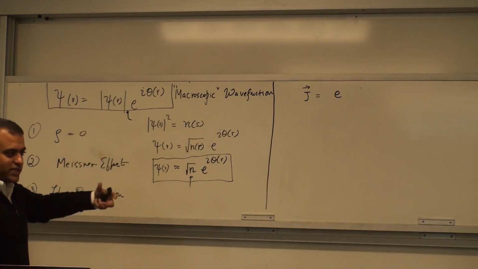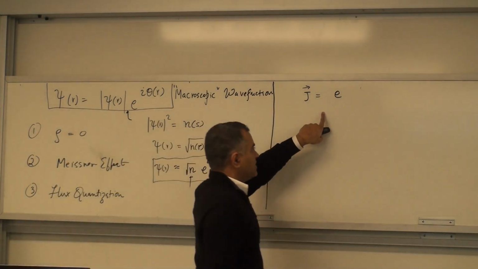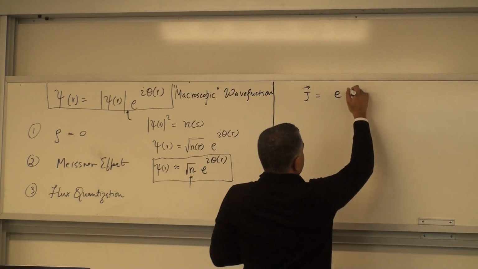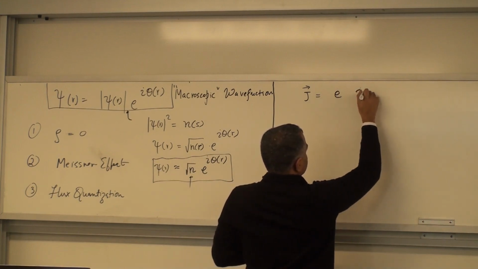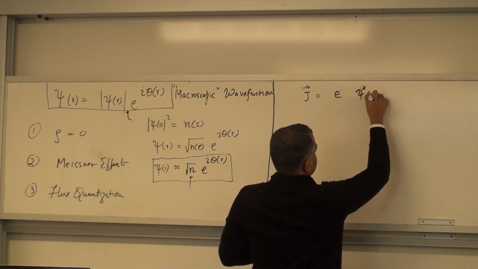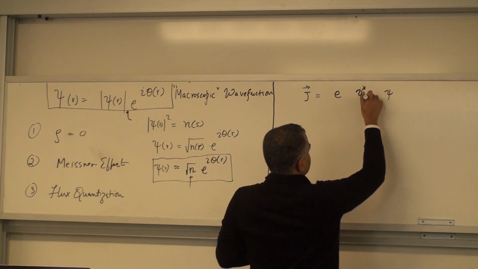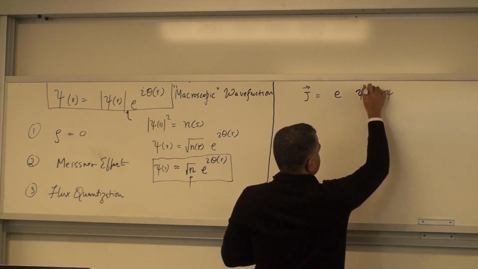It has charge of 2e rather than 1e. But that's the understanding, the charge of the particle carrying the currents. So we know that it looks like this, right? Wave function psi, and then we use minus i h bar gradient, right?